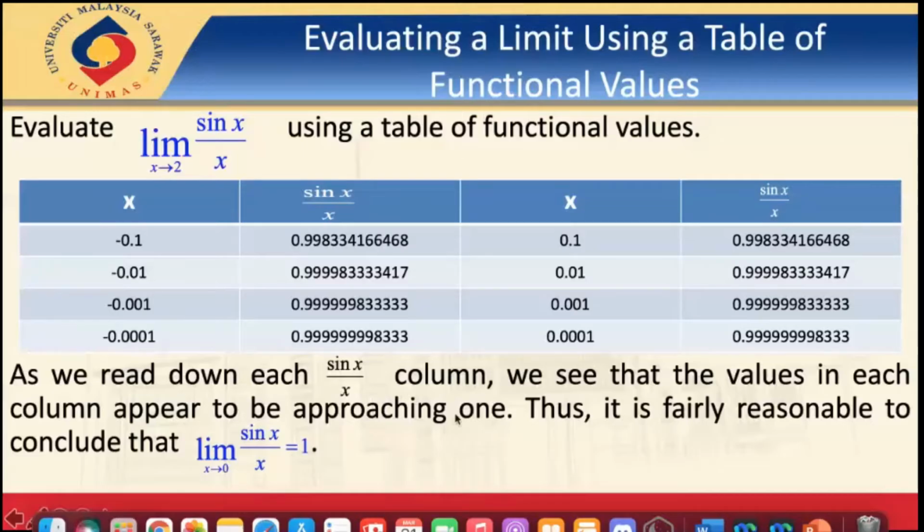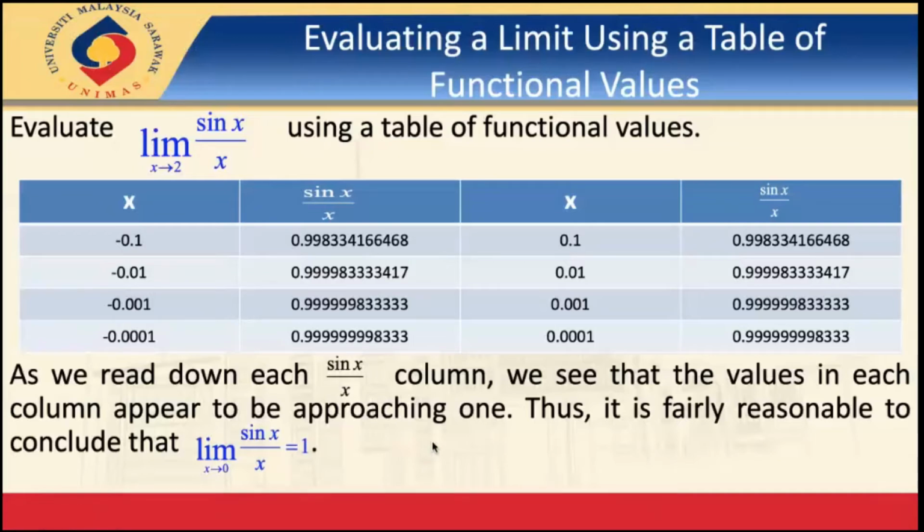In simple words, if we try to define the limit of a function, it is like this: the limit of some function over x, where x is approaching some given value. It may be 2, it may be 0, it may be any other value.